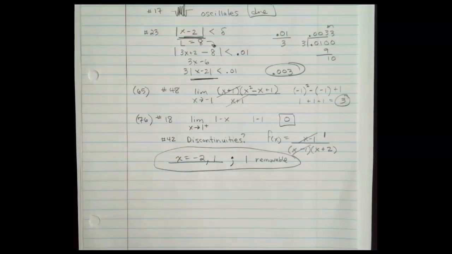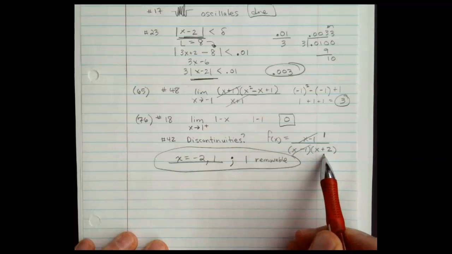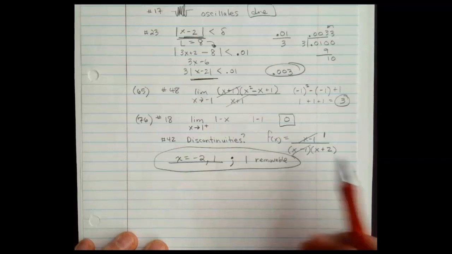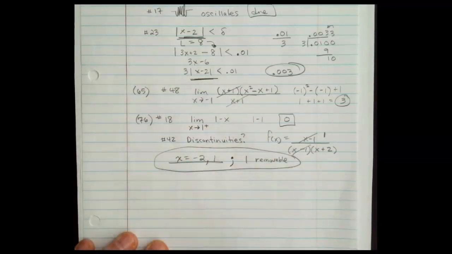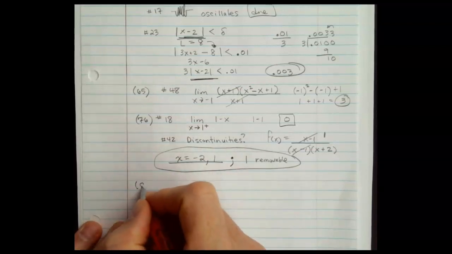I know I'm repeating myself, but I ask it a lot on tests. And you've got to be careful not to fall for that trick. Am I asking for removable? Am I asking for vertical asymptotes? Or am I asking for all discontinuities? Okay. Any questions on any of these?